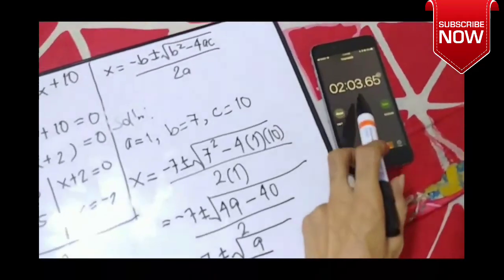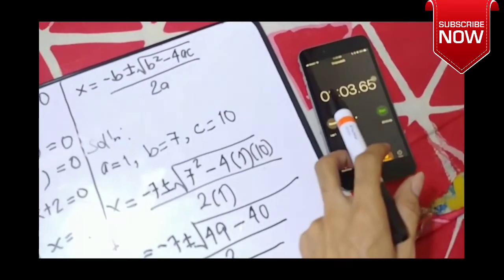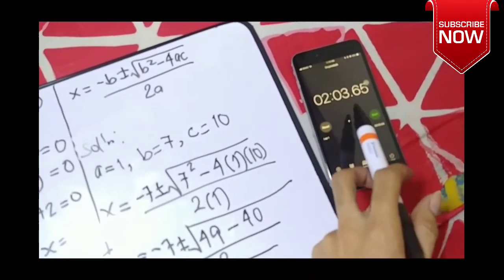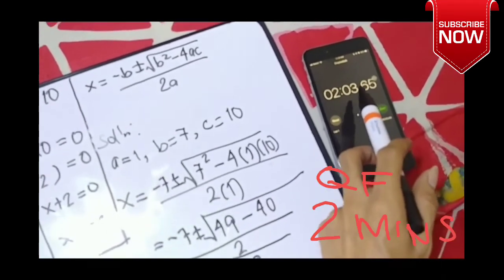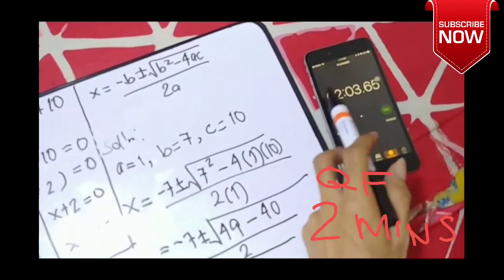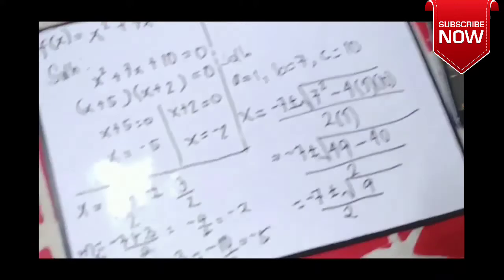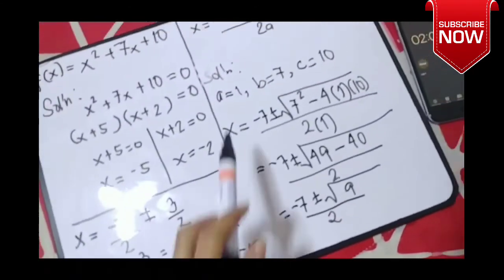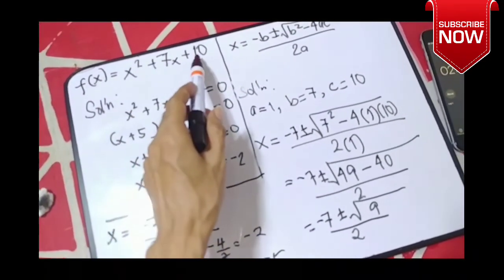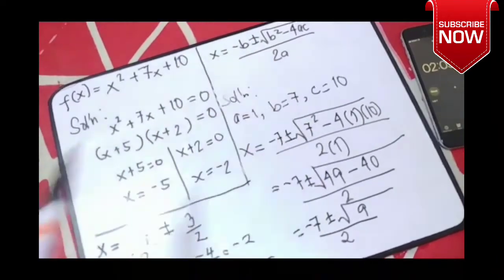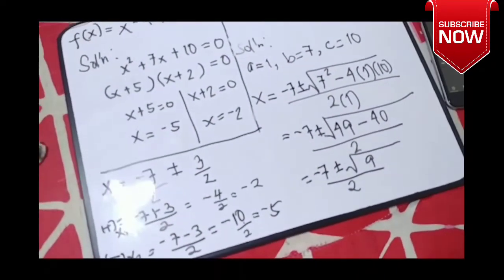Oh, so it took 2 minutes and 3 seconds and 65 microseconds. So, considering 2 minutes, na-solve natin ang equation na x squared plus 7x plus 10 gamit ang quadratic formula.